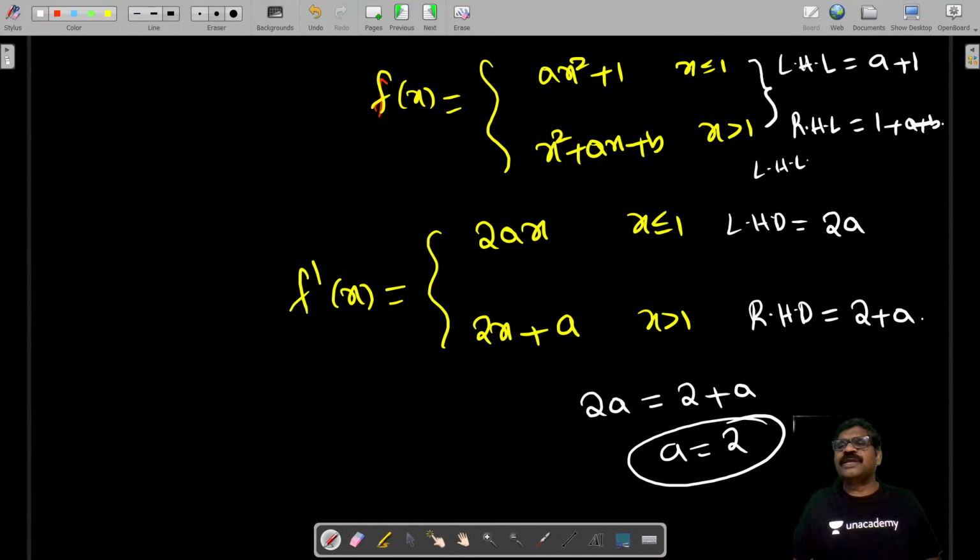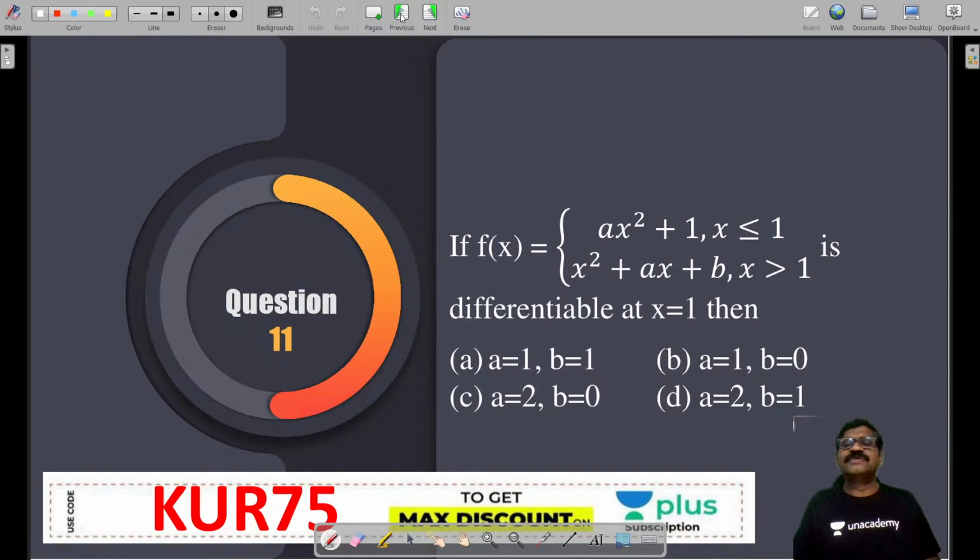Left hand limit equal to right hand limit, a plus 1 equal to a plus 1 plus b. Therefore, b equal to 0. b equal to 0, a equal to 2 is the correct answer. So, the correct answer is the third option.